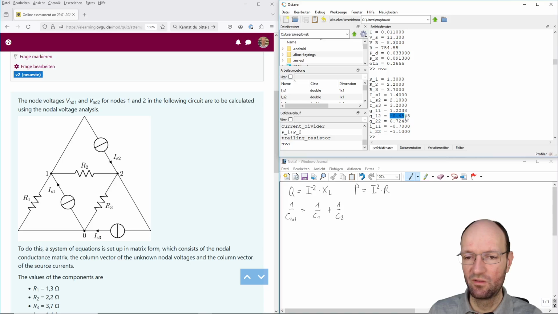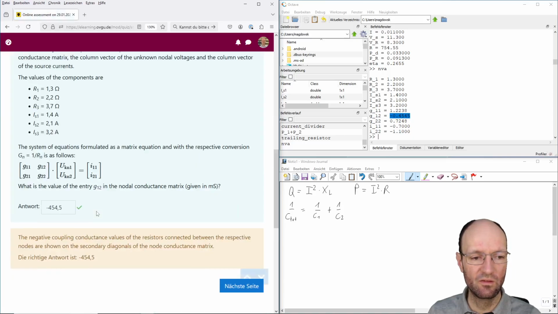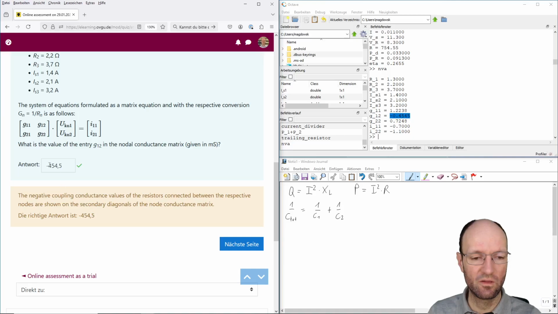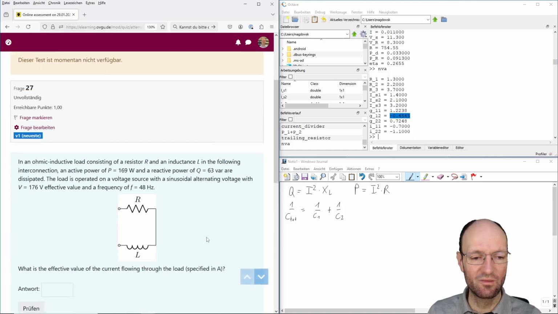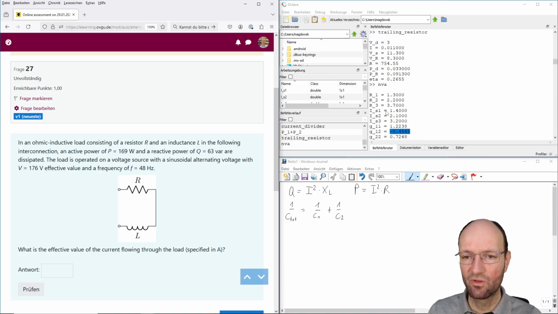So this should be this value here, and we need to convert from siemens into millisiemens. So shift the comma by 3 places, and that's the right answer, and it should be negative, of course.